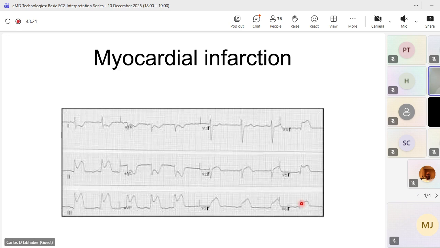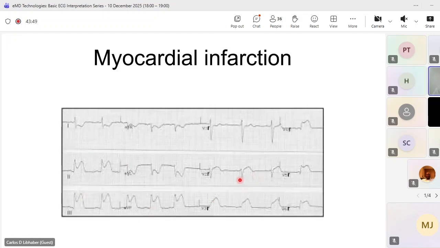Here again, where is the ST elevation? In lead 2, in lead 3, and in AVF. On the other side, also V2, V3, V4, V5, V6. So it's inferior, definitely.